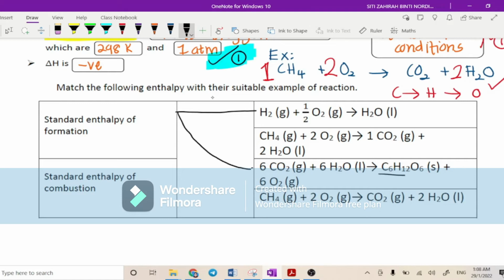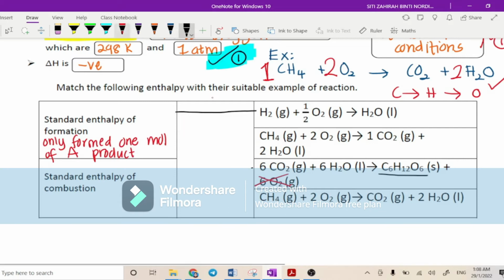Well, we do have 1 mole of glucose in here, but the problem is we've got another product which is 6 oxygen. Remember that standard enthalpy of formation only forms 1 mole of a product. Only one product, and that product should be 1 mole. So this is definitely wrong.